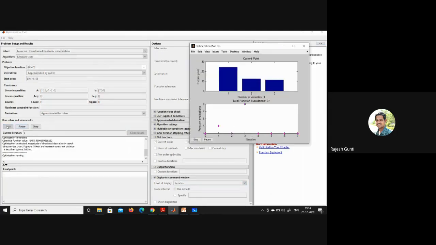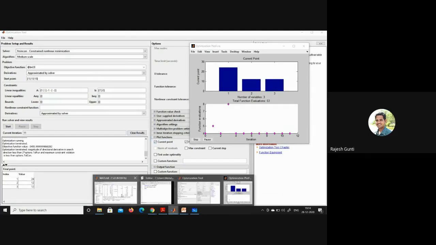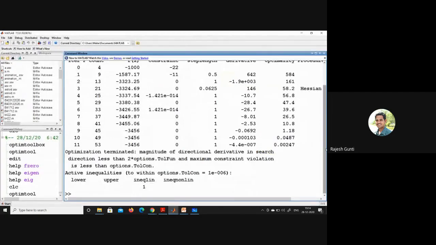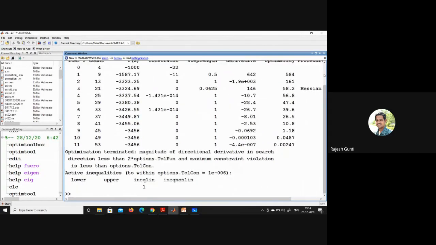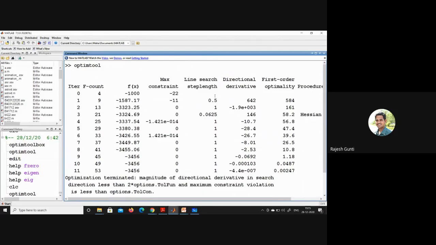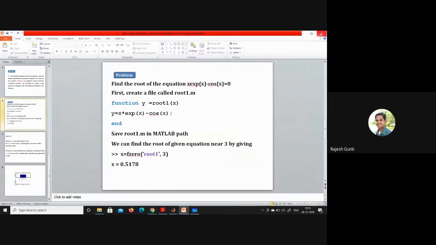Check it. You get everything, the total iterations, in the command window. We have seen this type of output in that fzero and fsolve. That is the options; we have used the options command. We'll close this.